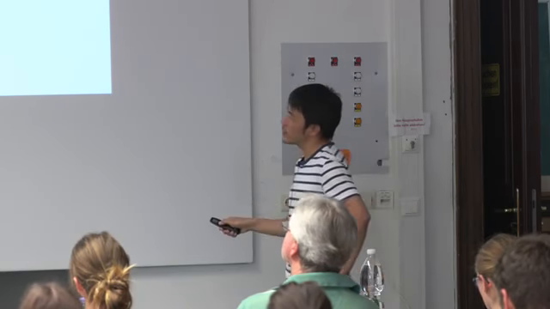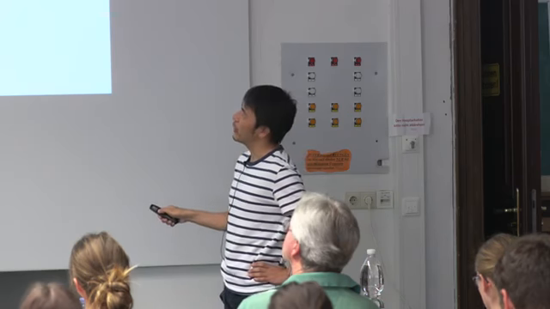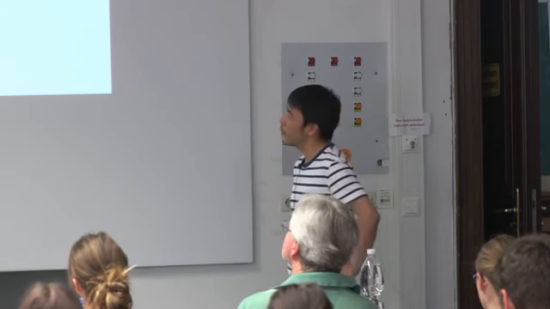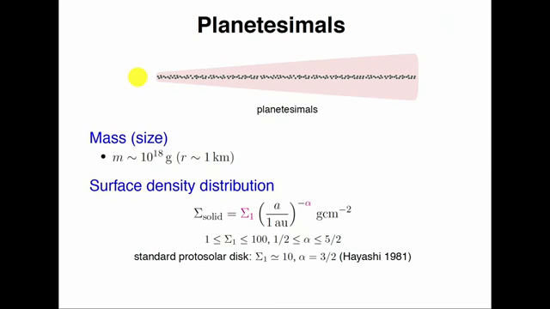Here sigma 1 is the surface density at 1 AU, and alpha is the radial exponent. For Hayashi's disk, sigma 1 is about 10 and alpha is 3/2.